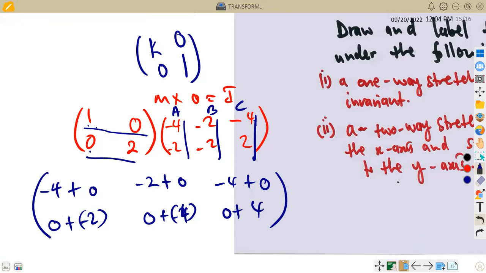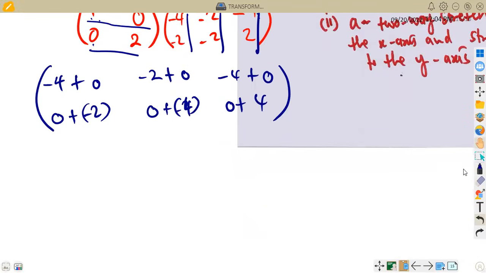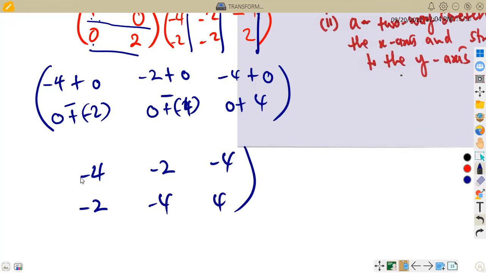All right, so you can add whatever that you're going to have here. So that's negative 2 plus 0 there, which is minus 4 plus 0, which is minus 4, minus 2 plus 0, which is minus 2, minus 4, 0 plus minus 2, which is minus 2, 0 plus minus 4, which is minus 4, and 4. Okay, so these are the coordinates, which means we've got A1, B1, C1.